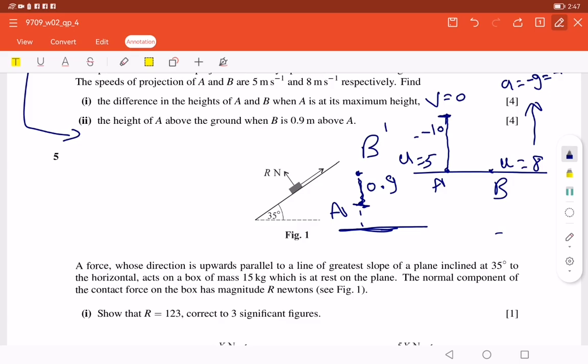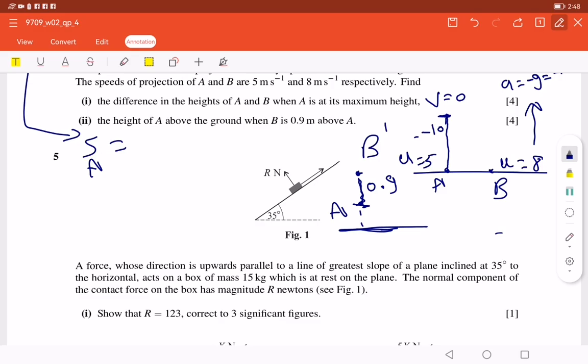Is it okay? So t here is common. And we are required to find the distance, so it's better to use the quadratic equation of time. We say, for example, the distance with respect to A is SA. SA equals what?